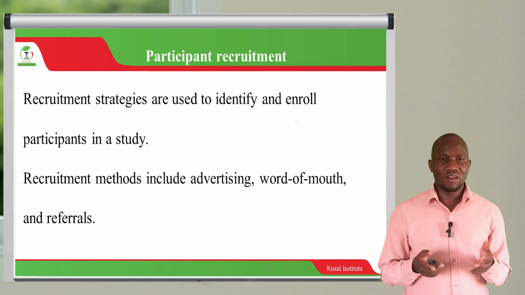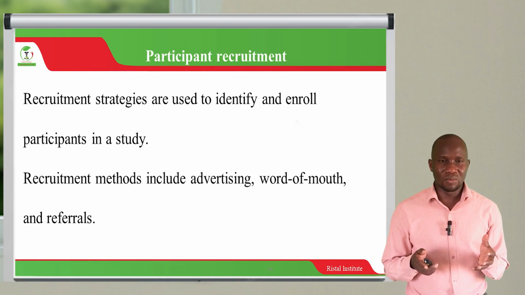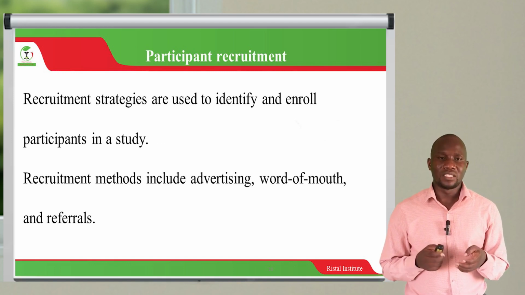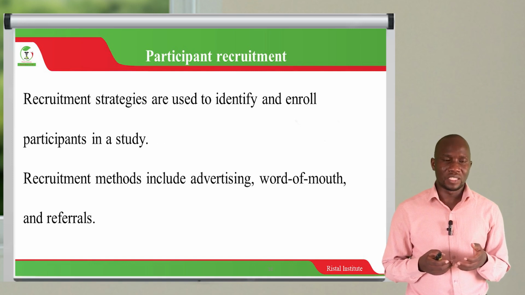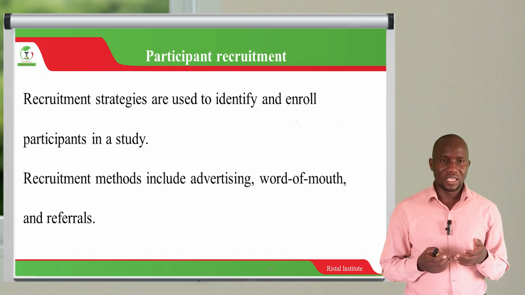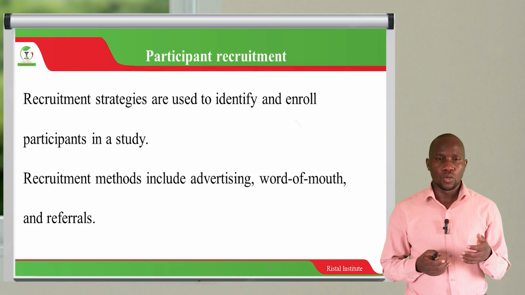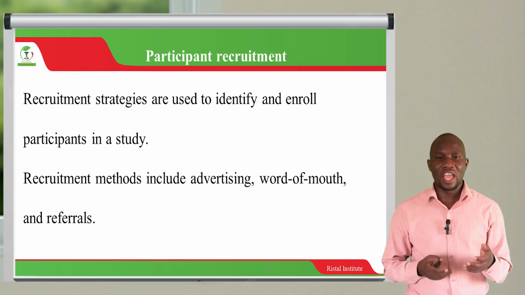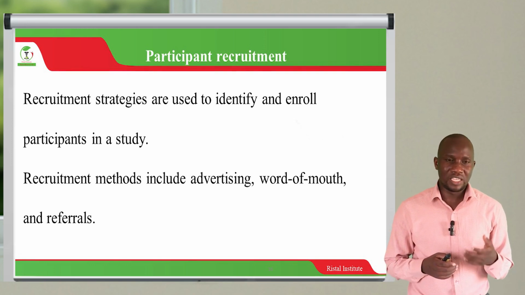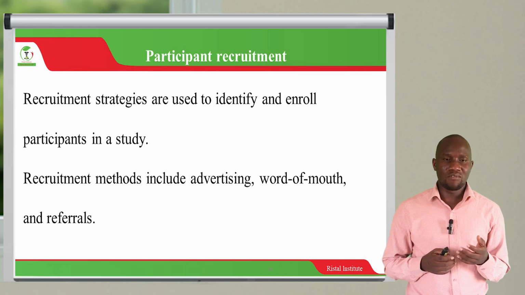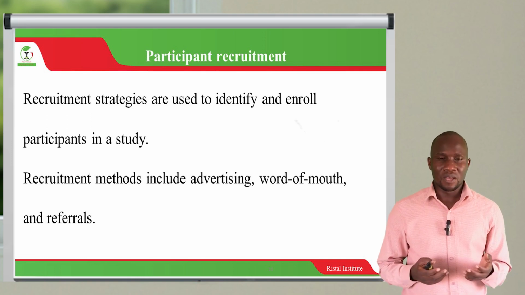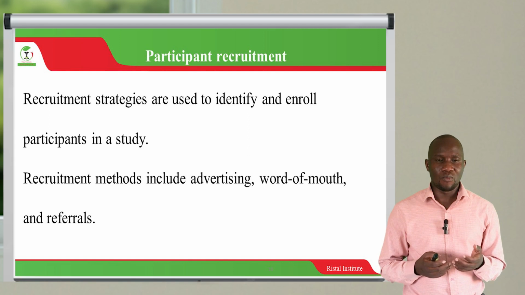So if you have looked at the people who are eligible to participate in the given study, in this case the interventional study, you need to talk to them and enroll them into the study. And to do this, you may have to look for them from where they are.